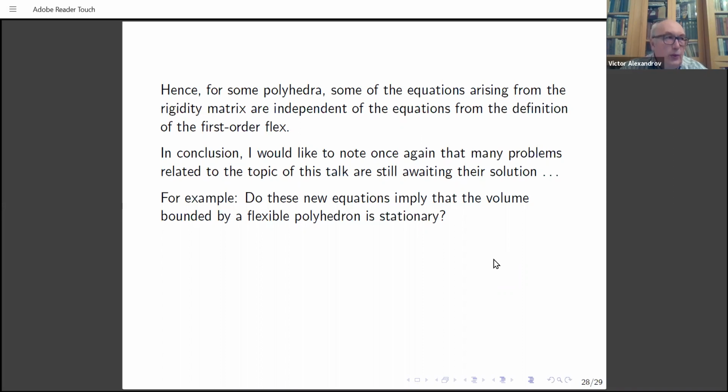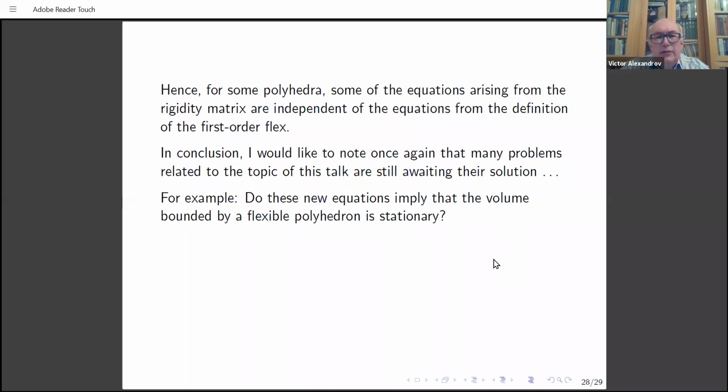So the red equations and the equations that I didn't write down explicitly, that arise from the rigidity matrix, are independent of the standard equations of the first order flex.